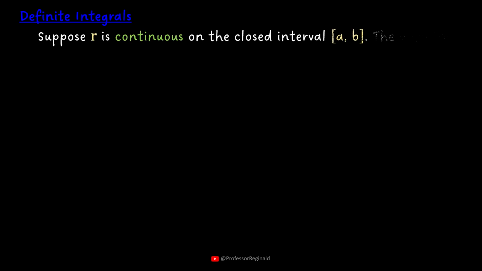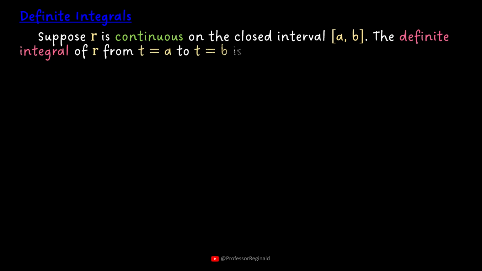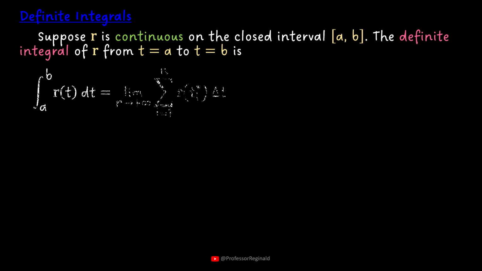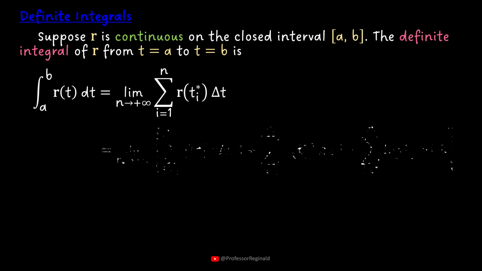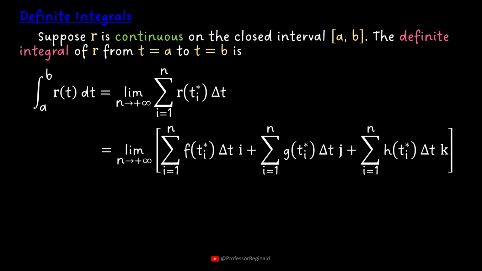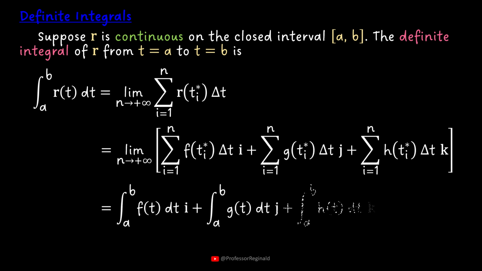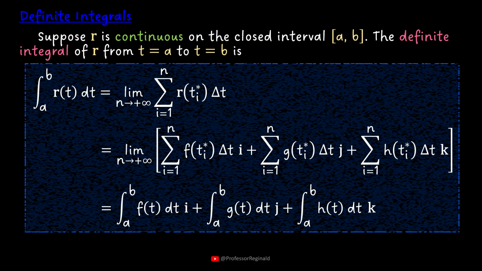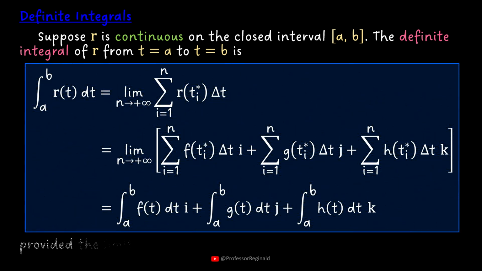Next, let us define definite integrals. Suppose a vector-valued function is continuous on the closed interval a, b. The definite integral of the vector-valued function from parameter equals a to parameter equals b is the limit of the Riemann sum of each component function, as the number of subintervals of the sum approaches positive infinity, provided the limit exists.